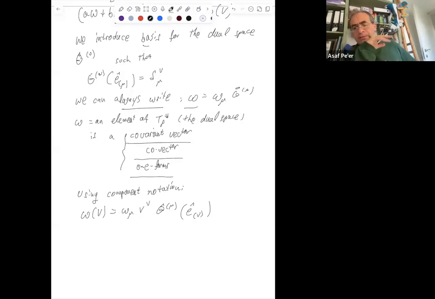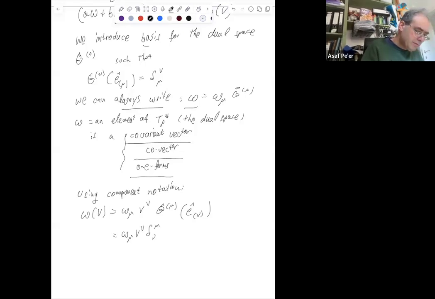I don't care about them. Theta^mu is the basis vector that operates on e_nu, the basis vector of T_P. So this is omega_mu V^nu delta^mu_nu, which is just omega_mu V^mu, and that belongs to R.